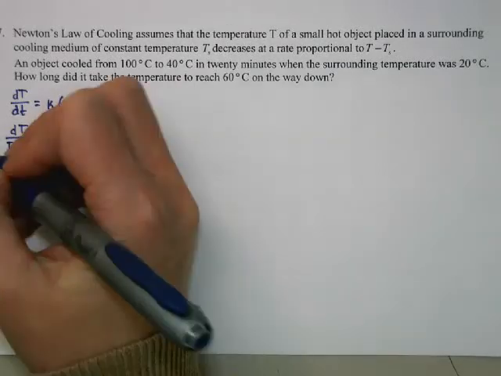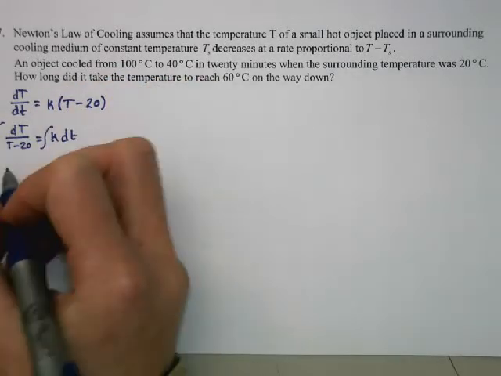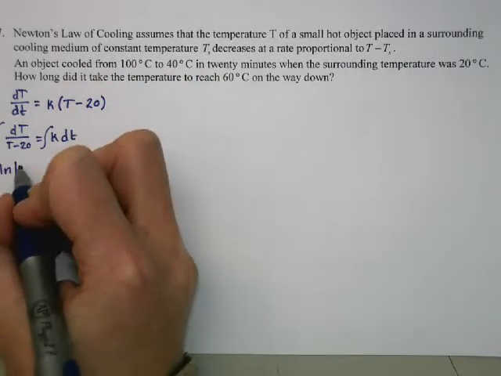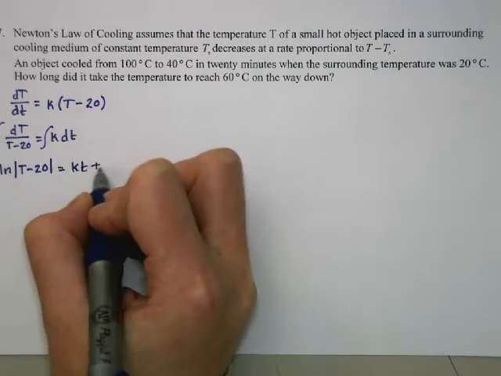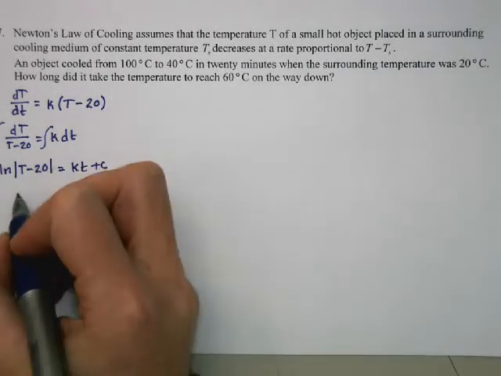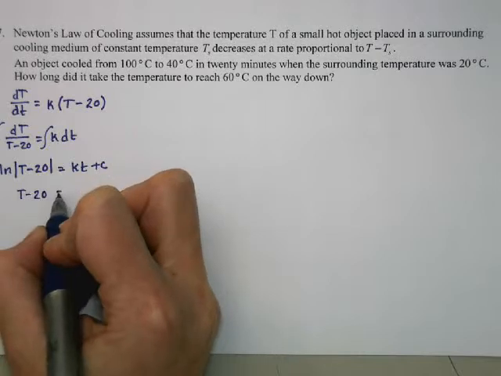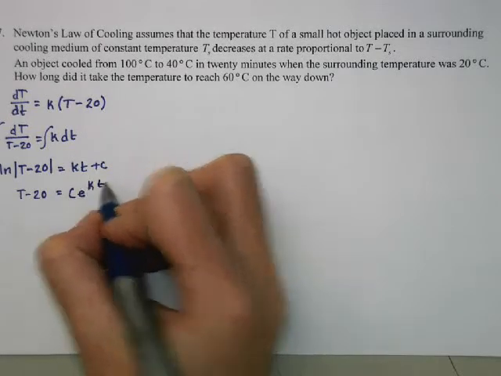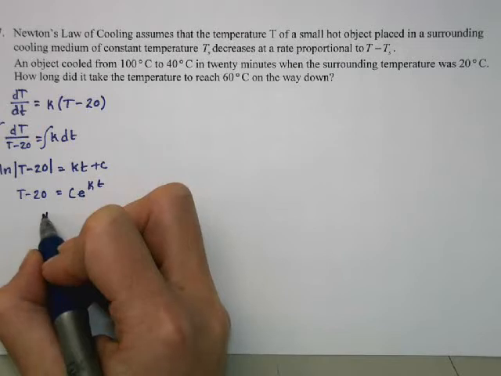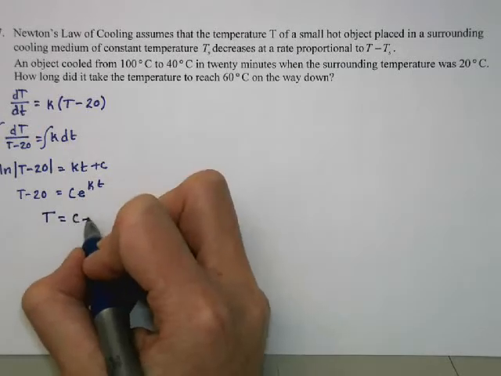So the natural log of T minus 20 is equal to Kt plus C. So T minus 20 is going to equal Ce to the Kt, and then we're going to add 20. So our temperature is Ce to the Kt plus 20.